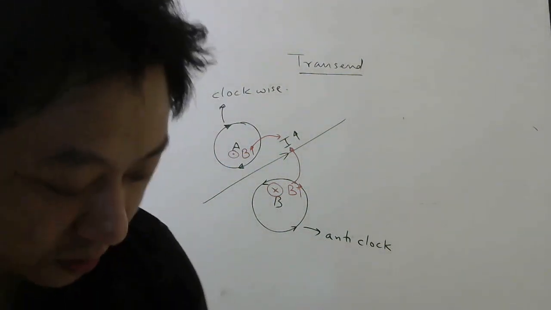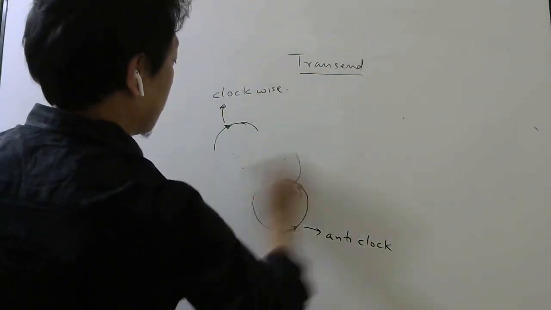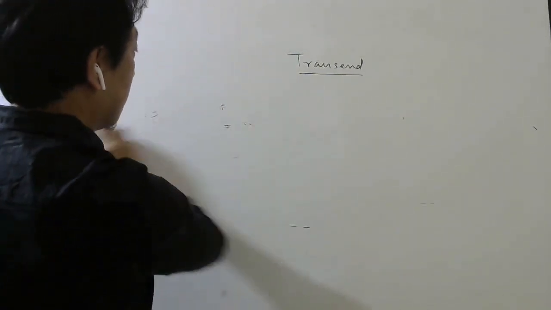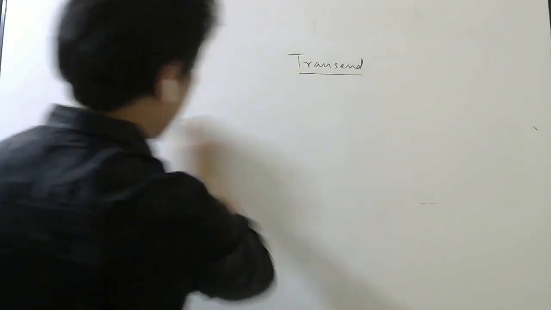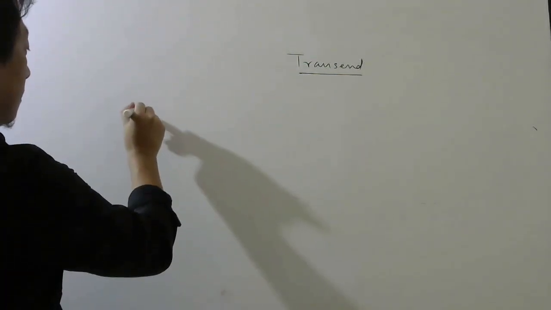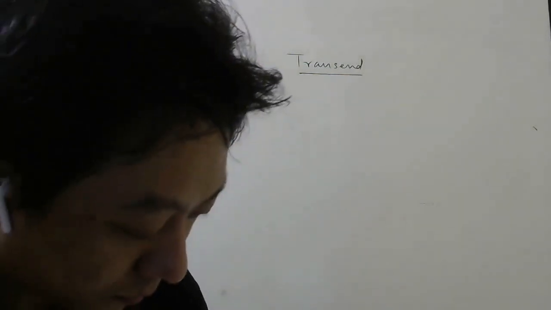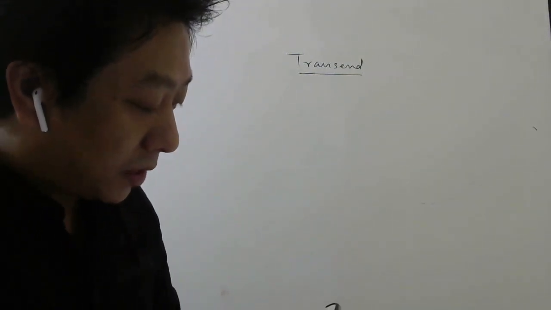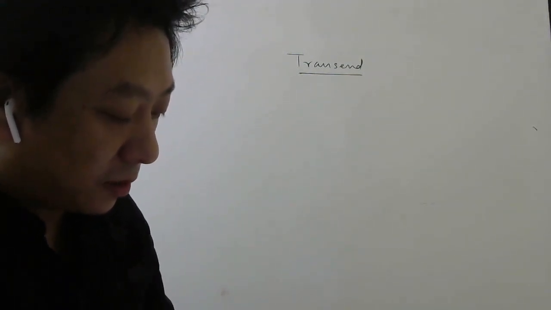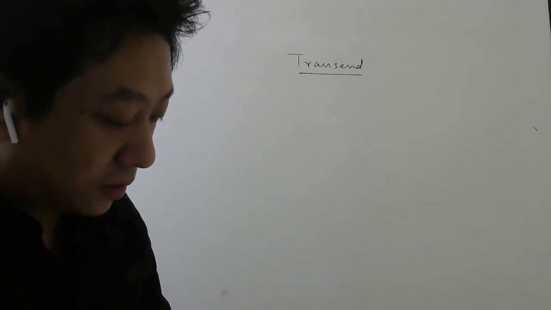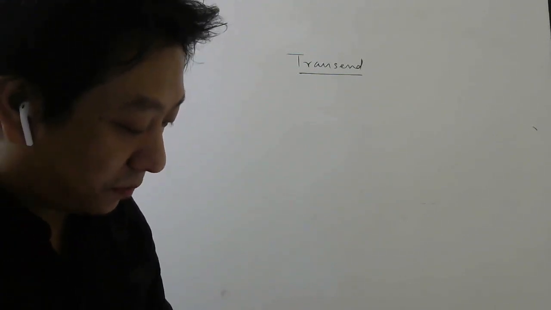Question number 4 you see now. A metal sheet is placed in a variable magnetic field which is increasing from 0 to maximum.